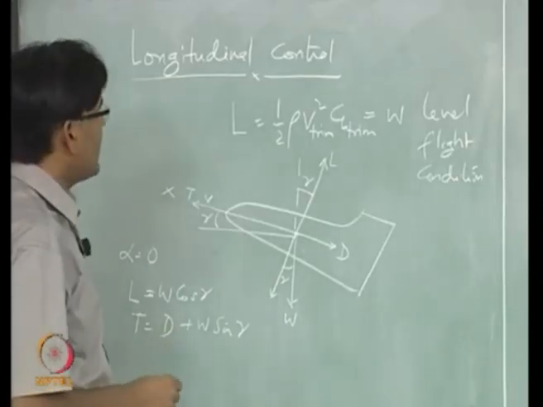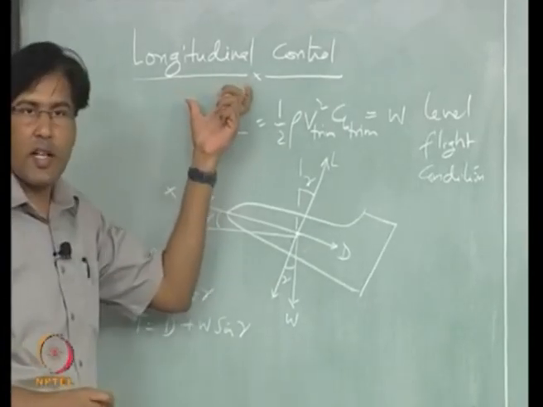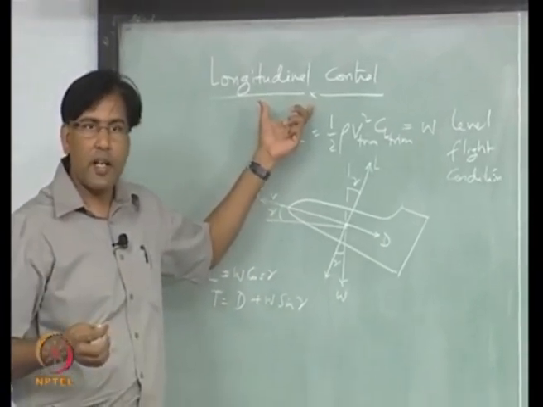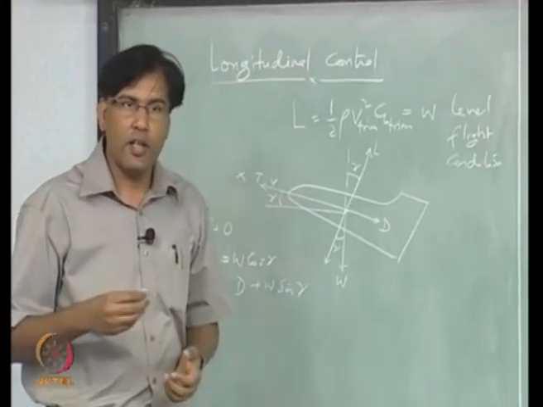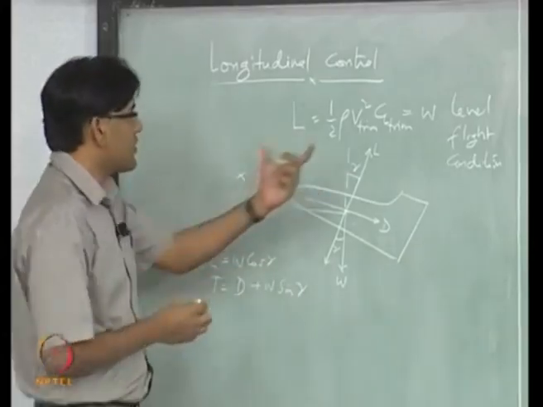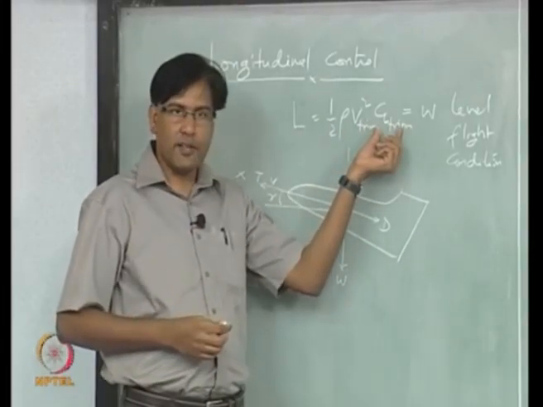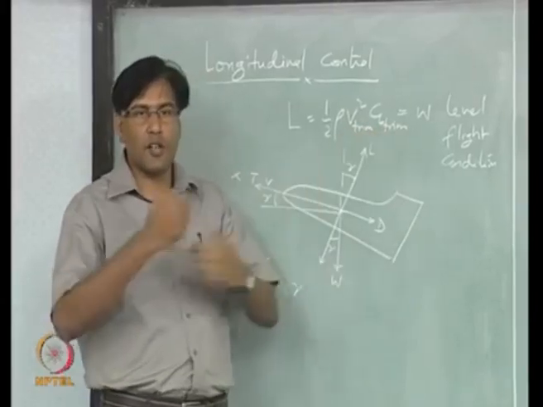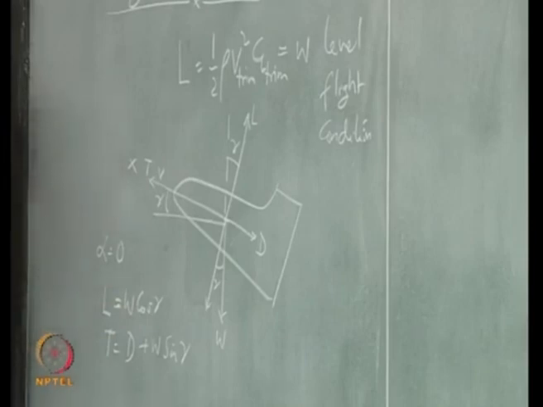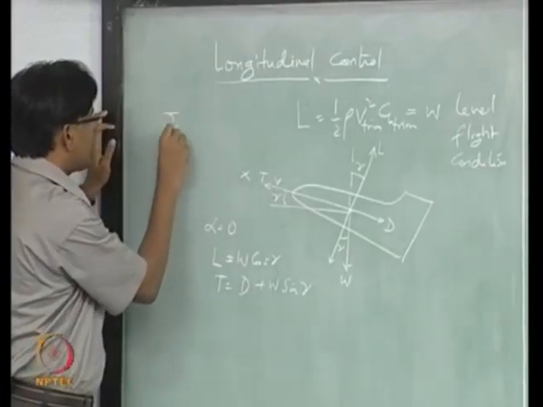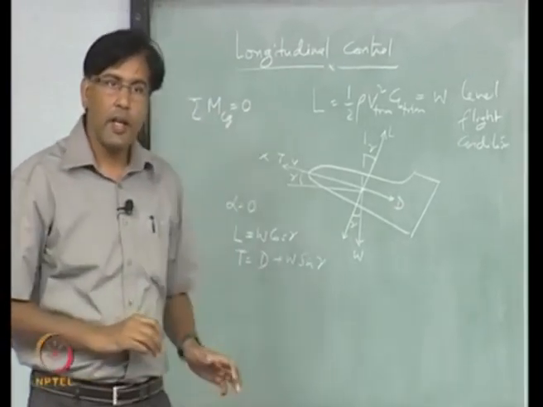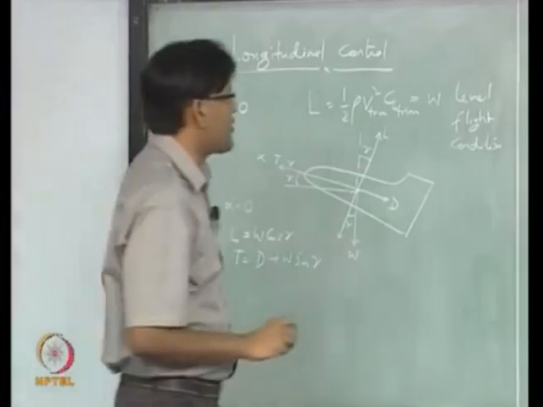Okay, so what I am saying is longitudinal control is required for changing the trim, right, while you want to change the trim. Changing the trim is changing this or this, so you have to compensate for the decrease or increase in one of the parameters, right, and we also have to satisfy this condition.